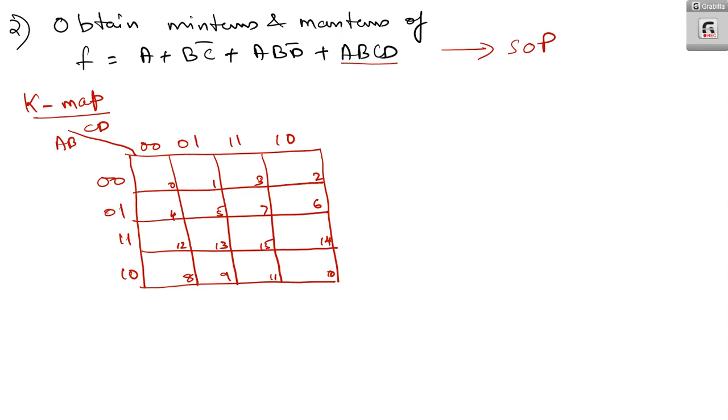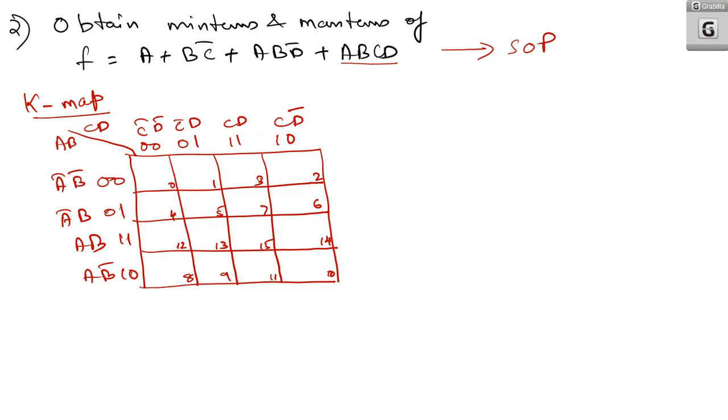Now here we can write this is A bar B bar, A bar B, A B, A B bar. This is C bar D bar, C bar D, C D, C D bar.